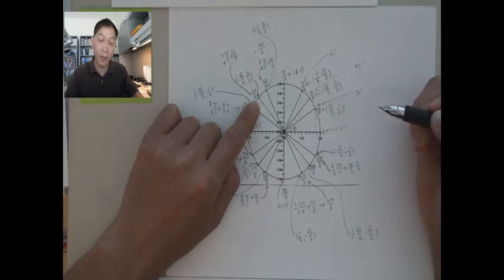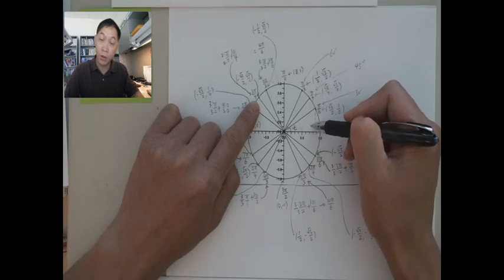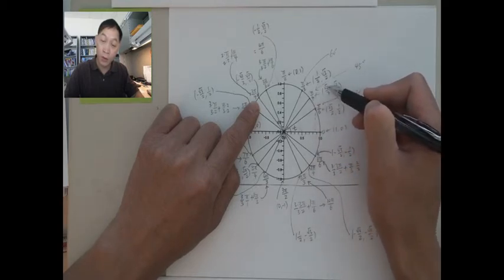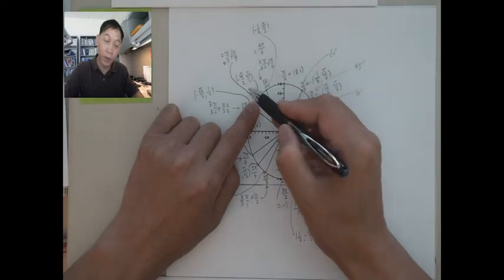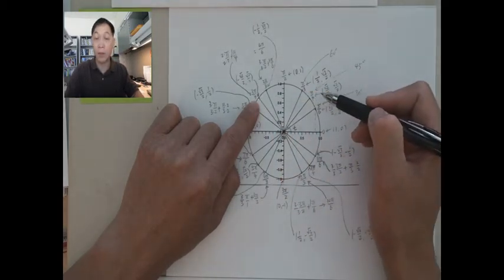Okay, sine is y coordinate. Alright, cosine will be different now. So cosine pi over 4 is radical 2 over 2, but cosine 3 pi over 4 is negative radical 2 over 2. That's the reason.